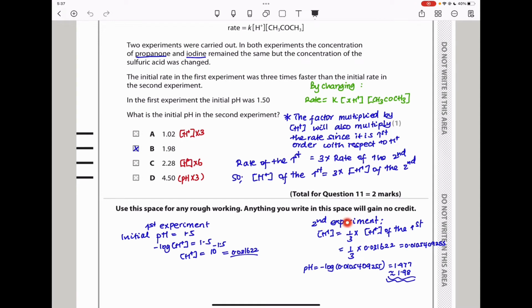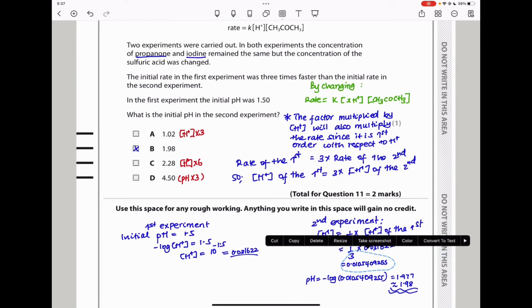In the second experiment, the hydrogen ions should be 1/3 times the concentration of hydrogen ions in the first experiment, using these 2 things. So that means it's going to be 1/3 times 0.031622, giving me that. Let me move this down here, and this one down here so that you can see all the numbers.